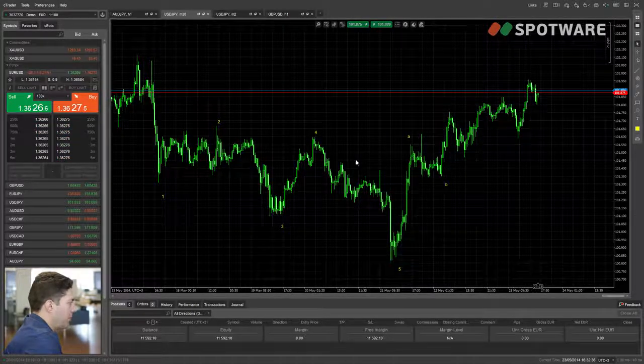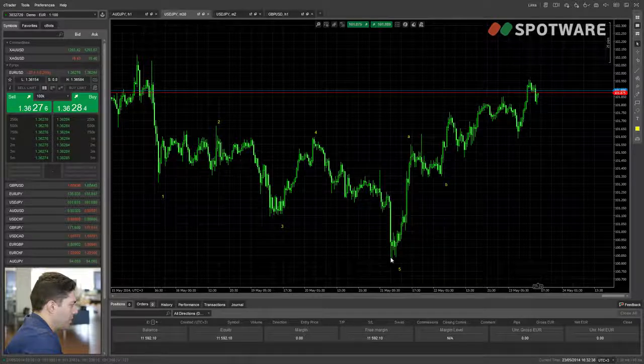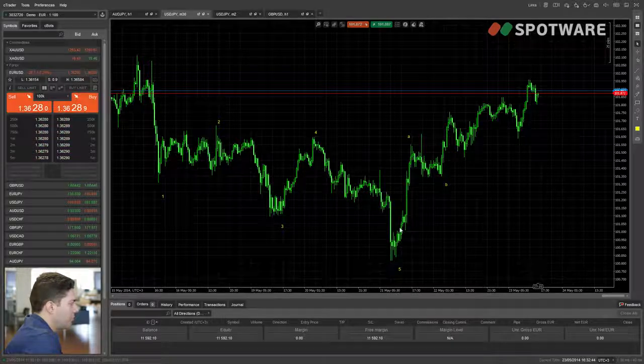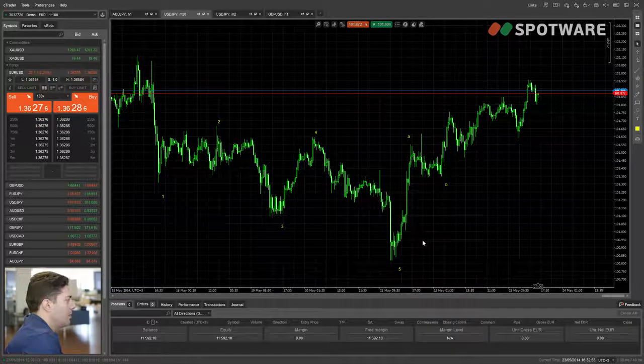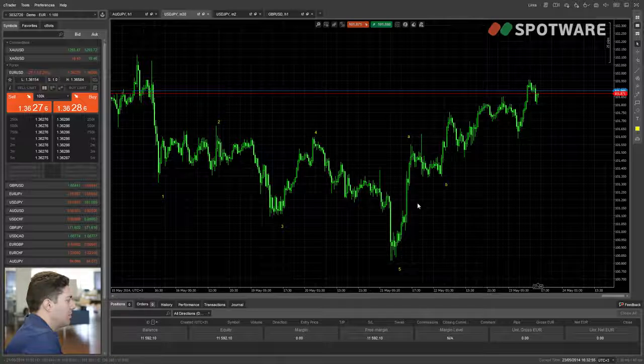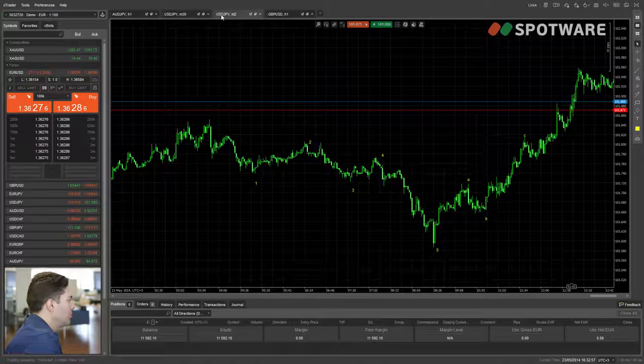What I want you to concentrate on is this area. We see here wave 4 to 5 and 5 to A. Now we're going to go to the 2-minute time frame of the same currency pair, USD Japanese yen, and zoom into this area here. So let's go.